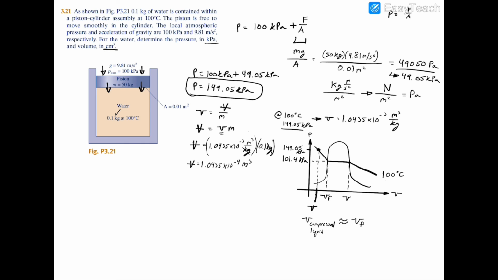However, the problem did ask for cubic centimeters, so all you have to do is multiply by 100 cubed, sorry, and you'll have that the total volume equals 104.35 cubic centimeters.